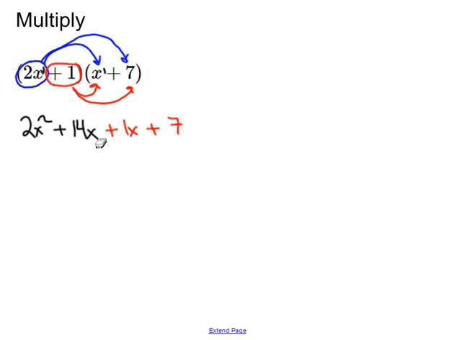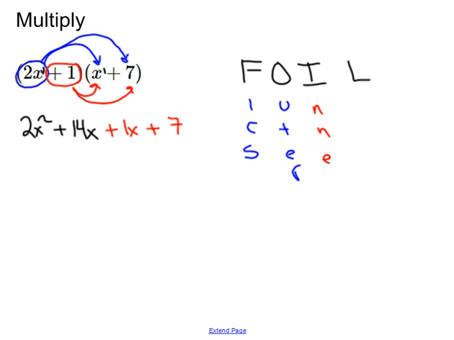So this type of multiplication we just did is generally called FOIL. And what it stands for is first, outer, inner, and last.